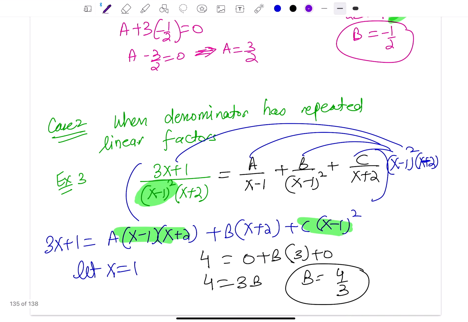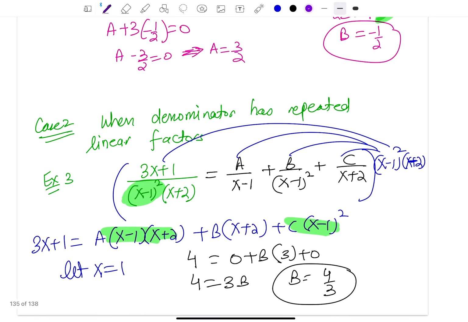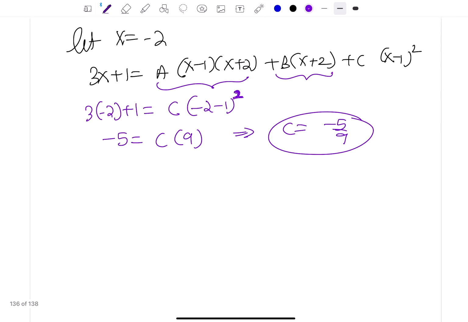But there's no way we can find a by doing clever substitution. So now we'll have to use a different technique. We can pick any value of x and put it in on both sides of the equation to find the missing value. So in this equation, I'm going to choose any other value of x and plug it in.